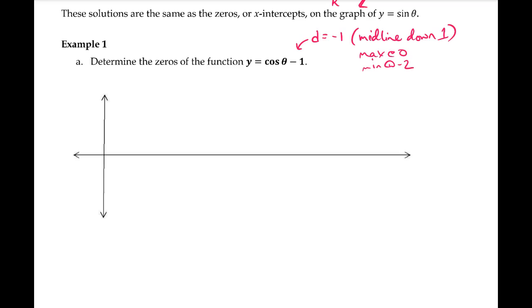I've got no shift, no b value, so no change in period, which means that my period is 2 pi, and these are all things that I can work with. From here, I'm going to acknowledge cosine also starts at a max. All of this is going to help me draw my graph. So I'm going to start at my maximum, which is 0.